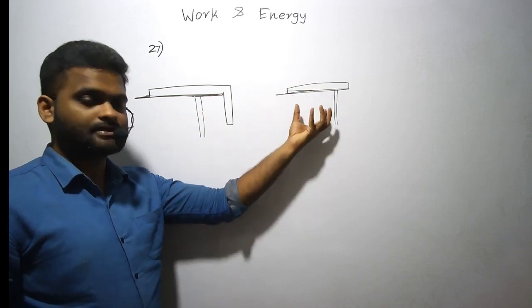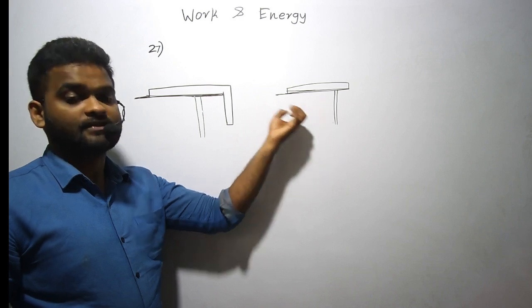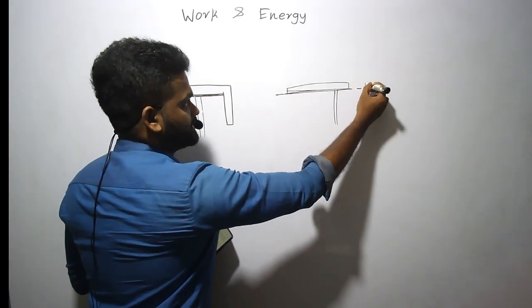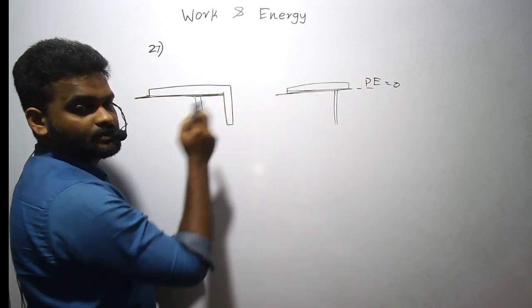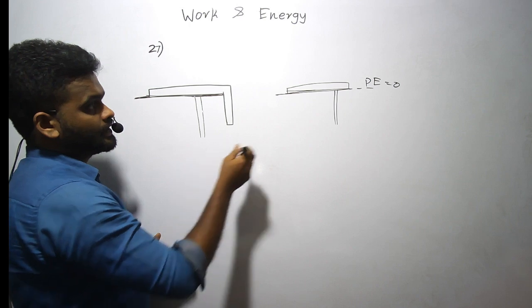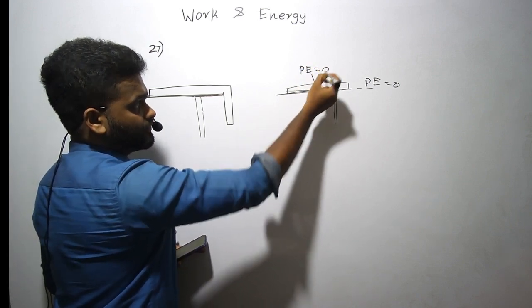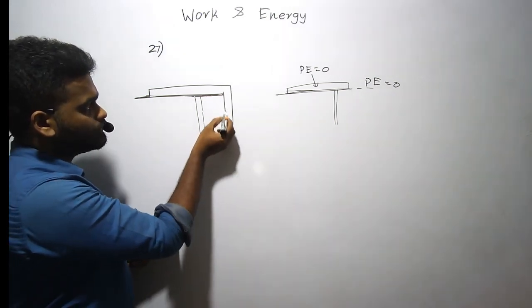So that difference of potential energy should be the work required. If this level is considered P equals 0, the potential energy here is 0. So what you have to do is find the potential energy here.